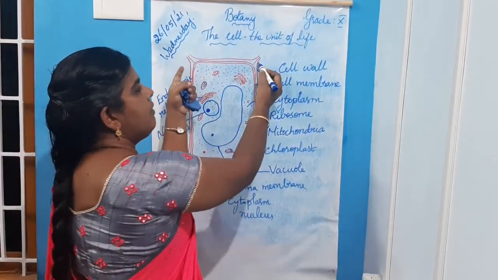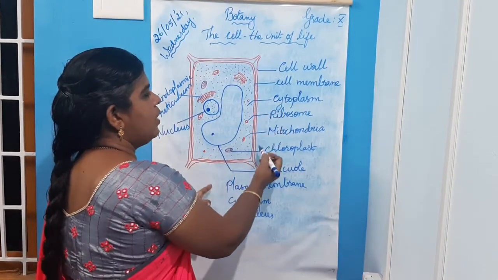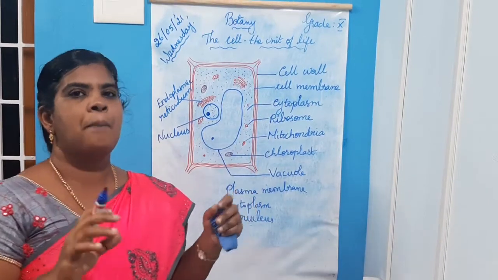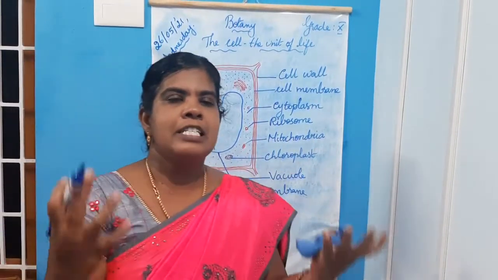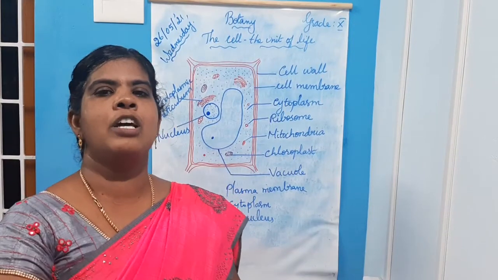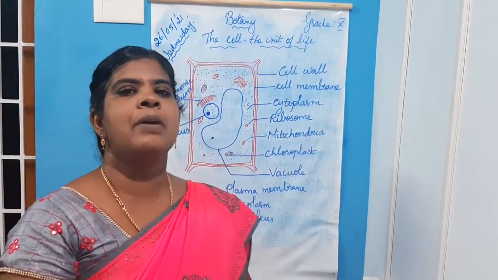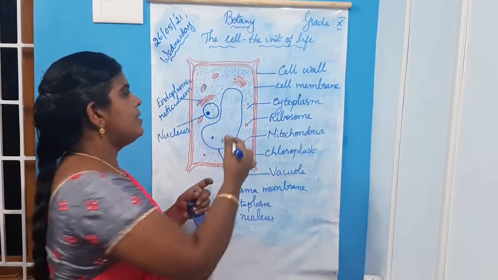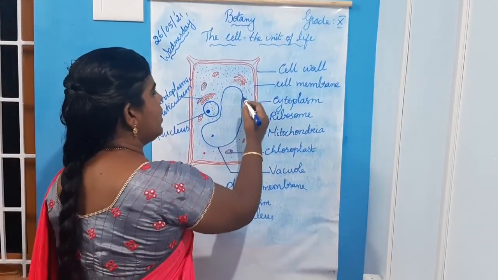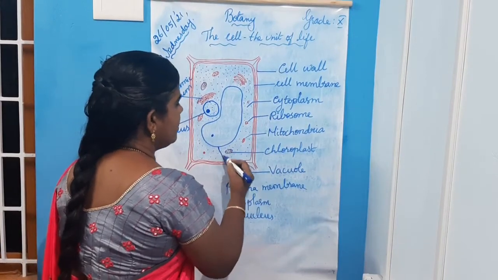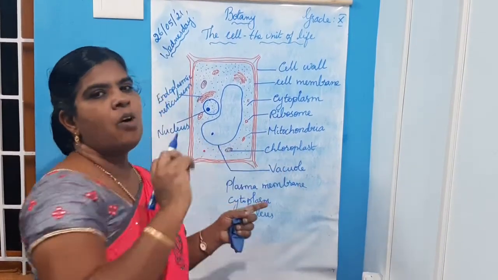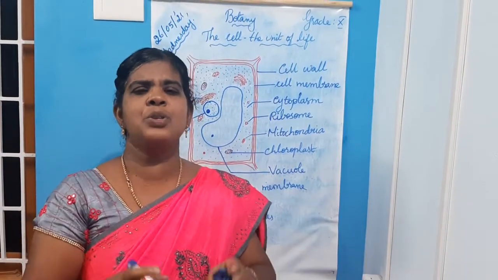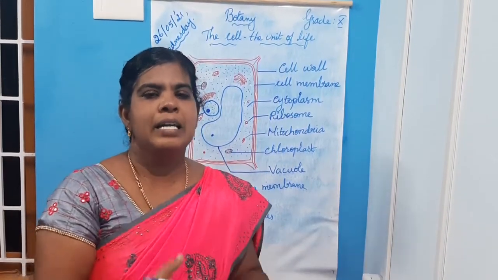Now, the structure of a plant cell. The outer covering of a plant cell is the cell wall. It is made up mainly of cellular material, that is cellulose. A typical plant cell has a cell wall with a large central vacuole and plastids, in addition to other organelles present in an animal cell.